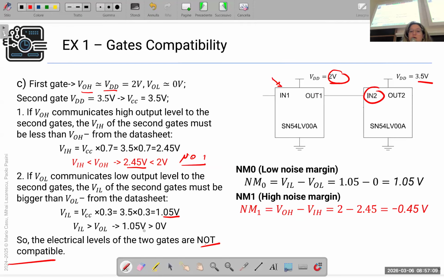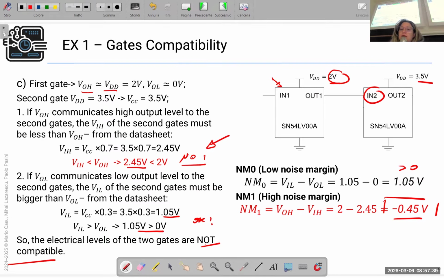And it's bigger than 0 volt. So in this case, it is respected. There is no problem at the low level, but the problem remains here. In fact, if we calculate the noise margin at the low level, it's fine, it is major than 0. At the high level, it is minor than 0, and this is not acceptable. That's clear?